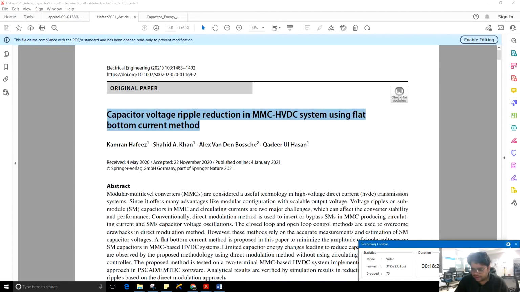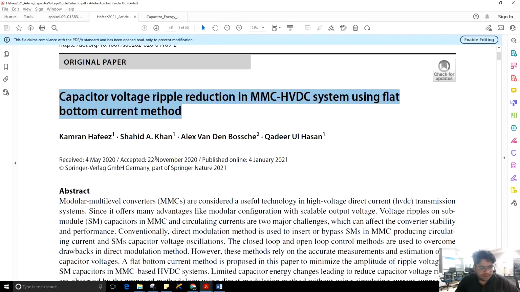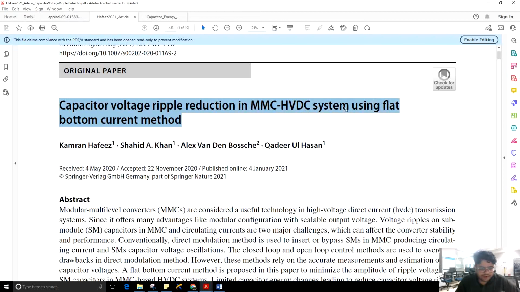I would like to mention here one more paper which is from the same author, but there is a little modification in methodology, and the way of the proposed method is a little different. He names it the flat bottom current method, and the purpose is to reduce the capacitor voltage ripple.